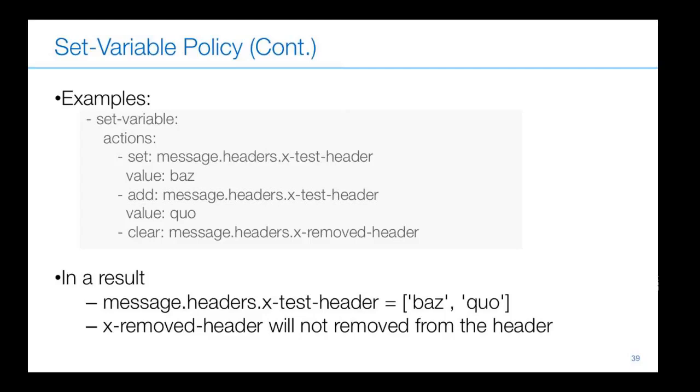Actually, you cannot set the entire array. In the UI, you can only set primitive types of values. But if you have the custom JavaScript policy, you can set an array in JavaScript. Okay. Right. Other questions?